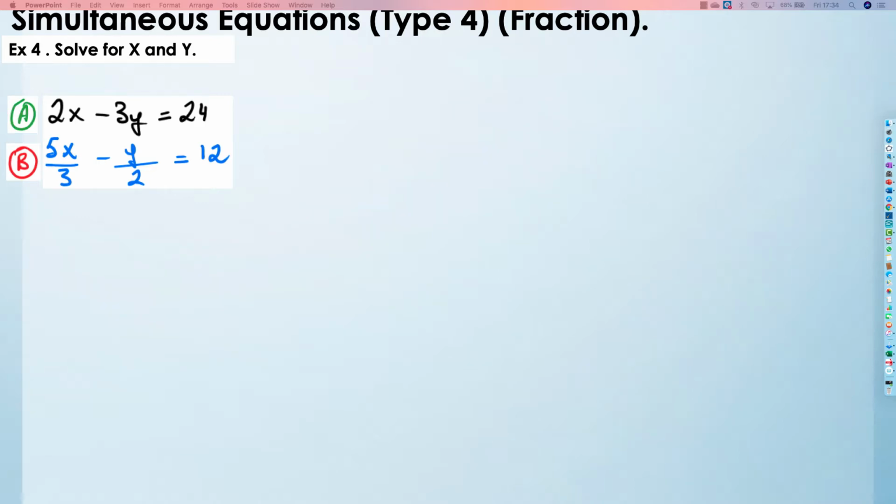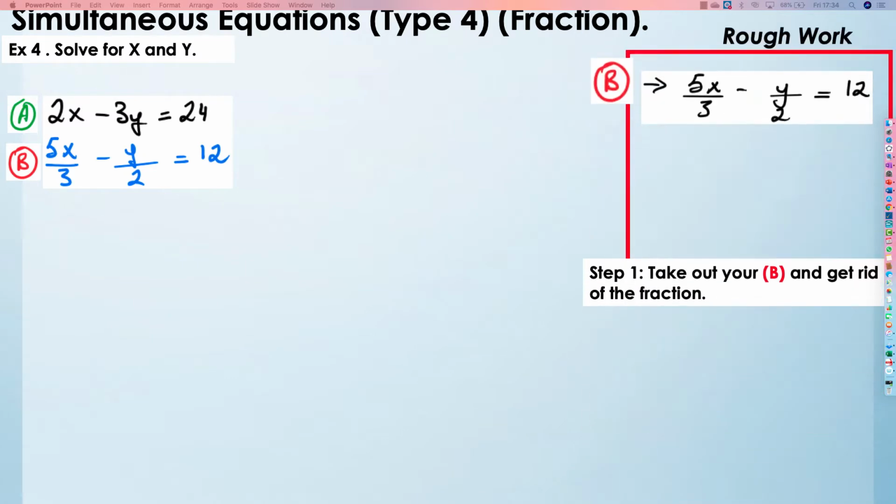You multiply this by 6, this by 6, and this by 6. So 3 into 6 will leave you with 2 by 5x, and then 2 into 6 will leave you with 3 by y. Like this. Yeah, that's correct.